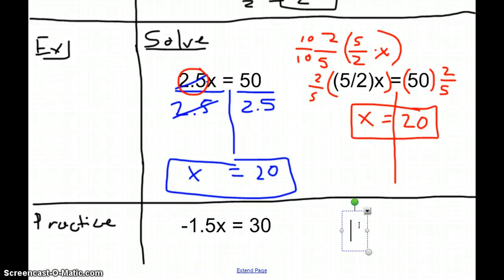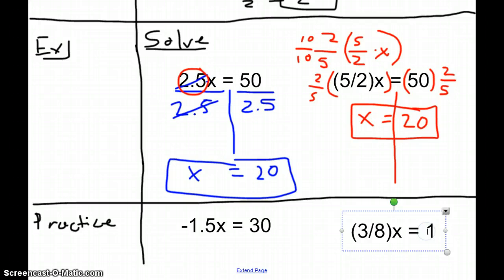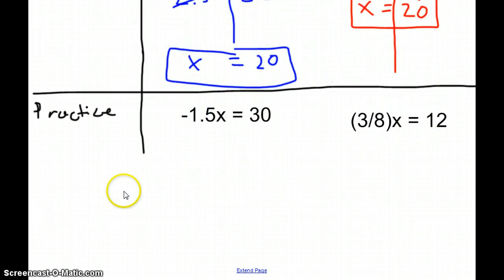And we also have 3/8 x equals 12. There we go. All right. So please pause the video, do those on your own, and then when you're done, go ahead and resume the video, and we'll see how you did.